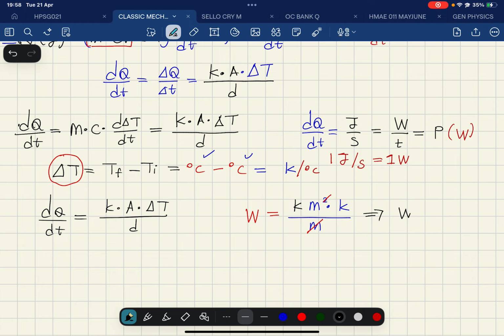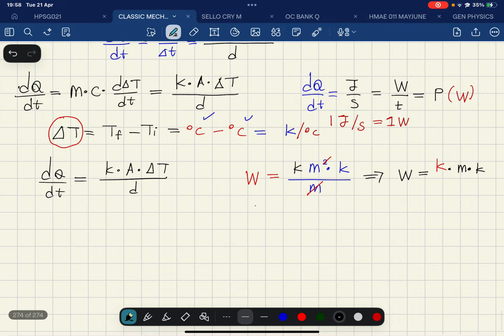With watts, which is equal to our K multiplied by meters, which is the distance, multiplied by Kelvin, the one for temperature. Therefore, when I divide both sides, I get that the SI unit for thermal conductivity is watts per meter per Kelvin.